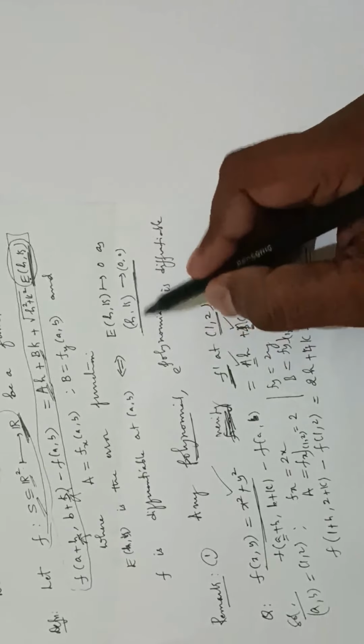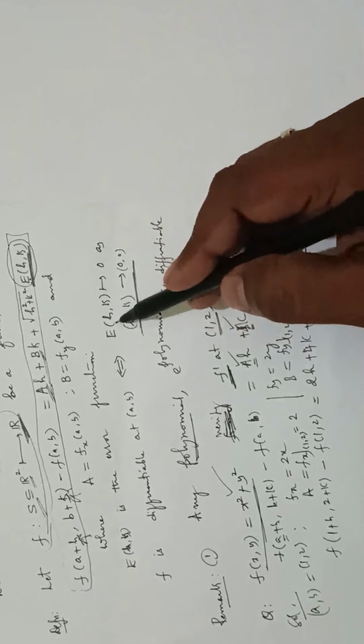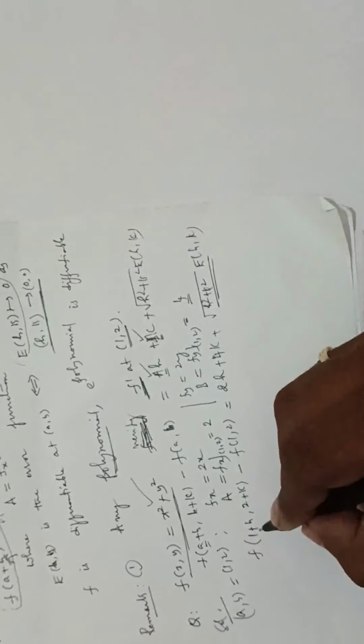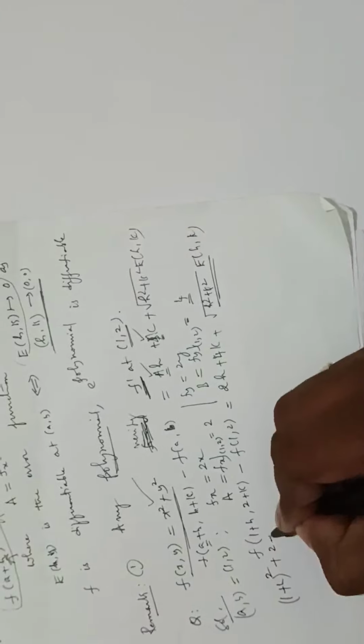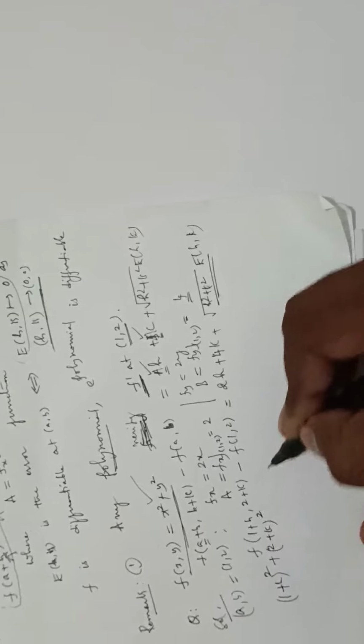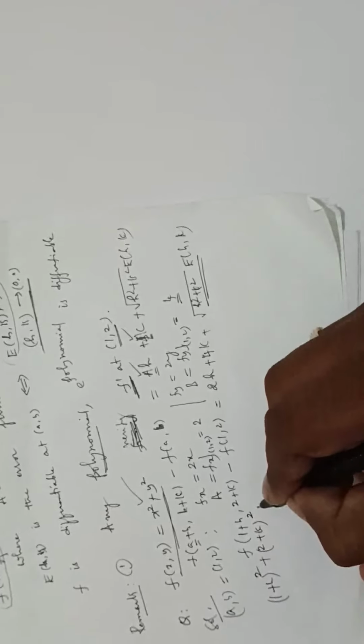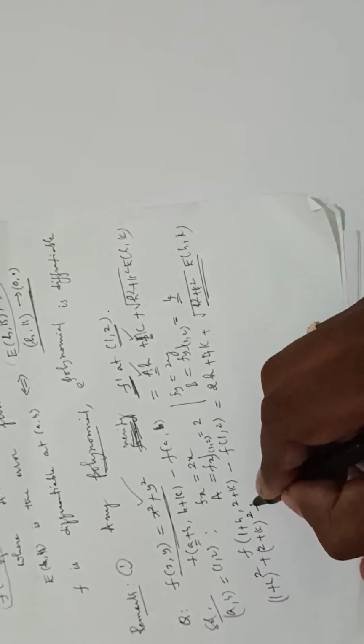Later we make them tend to 0, then we will check what will happen to this error function. So now this is f(1 plus h, 2 plus k), that means (1 plus h) whole square plus (2 plus k) whole square, minus f of 1 comma 2.